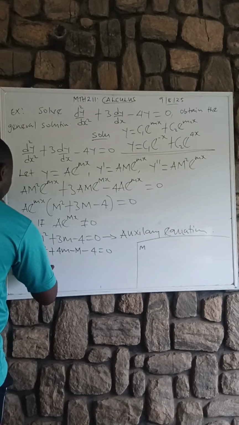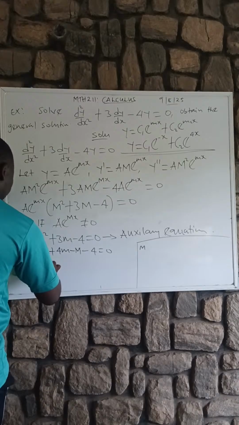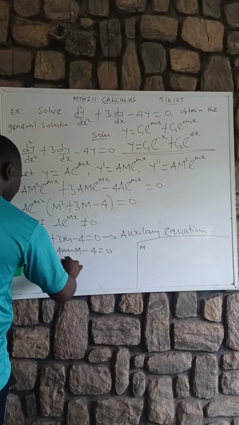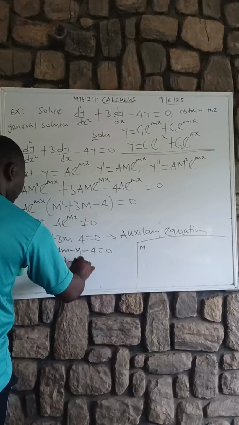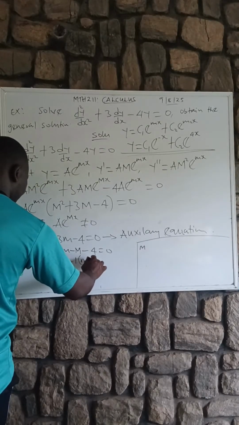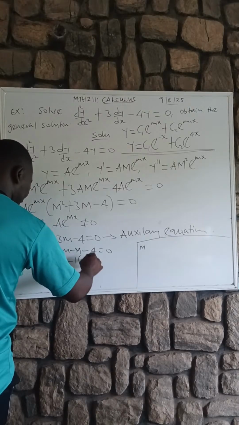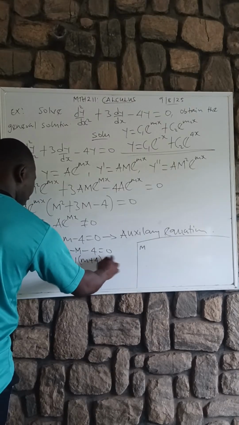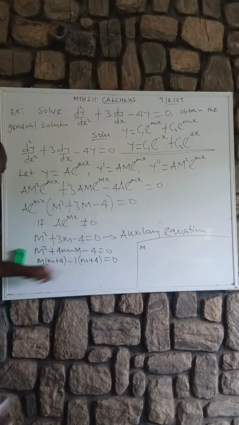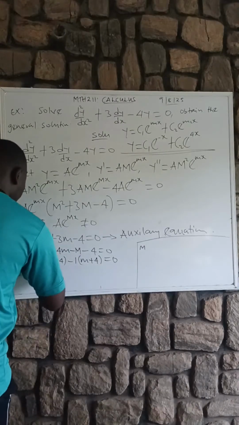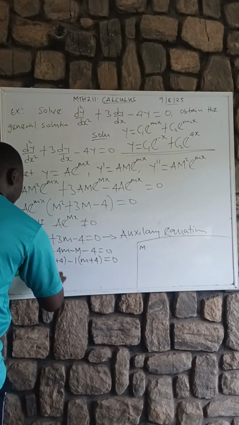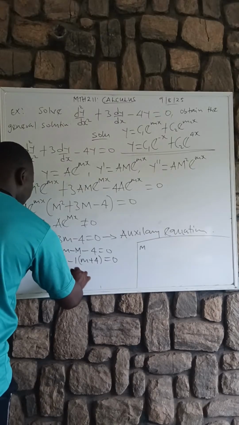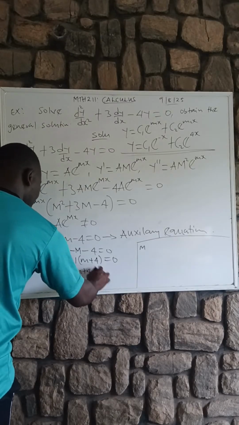So here supposed to be m, open bracket, m plus 4, then minus 1, open bracket, m minus... plus 4 equals 0. There's a mistake. This is how it's supposed to be. So our m minus 1 equals 0, then m plus 4 equals 0.